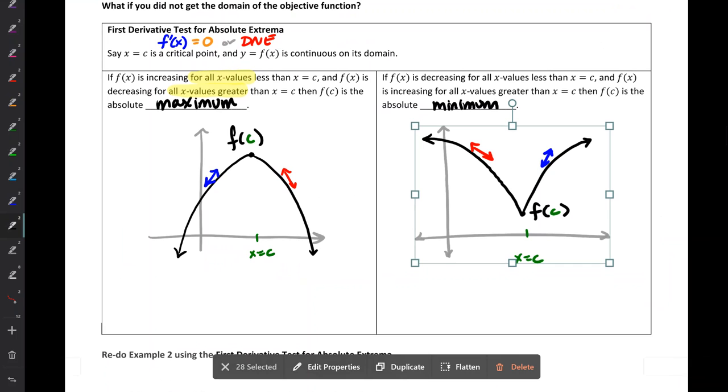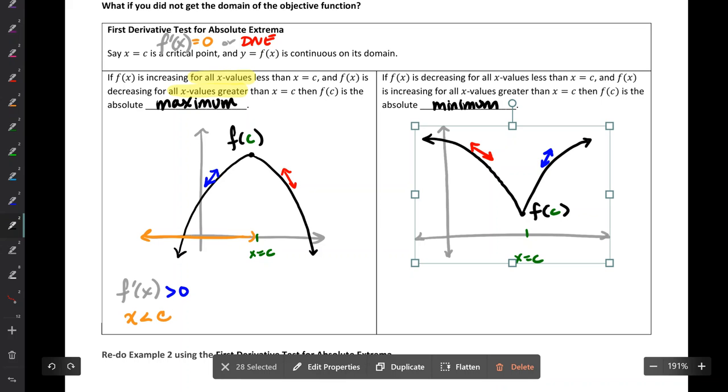So here, f prime of x is positive over here, that's when x is on this domain, x less than c.